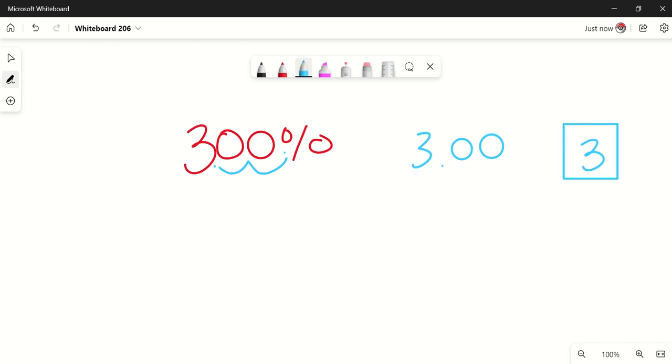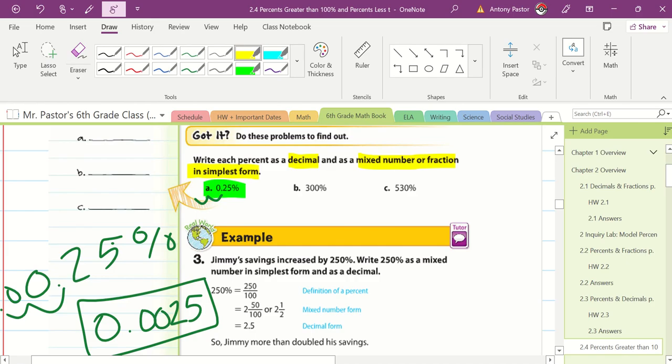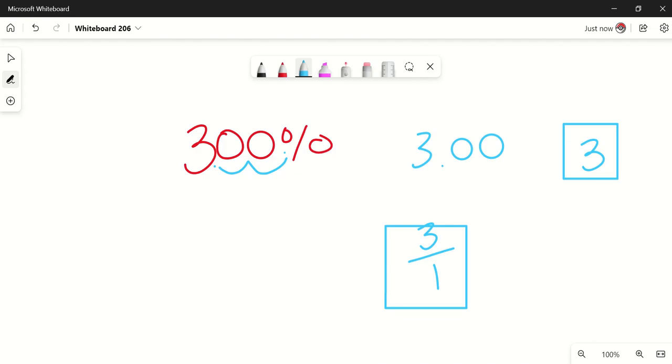As a decimal, it's just 3 because it's 3.00. There is really no decimal, so it is a whole number. Now, as a fraction, if we really want to get technical, it'll be 3 over 1. Because any whole number over 1 is just that number. So for 300%, it'll be 3 and 3 over 1.